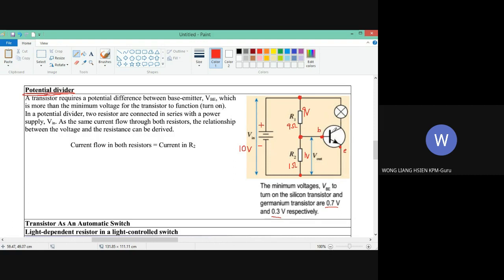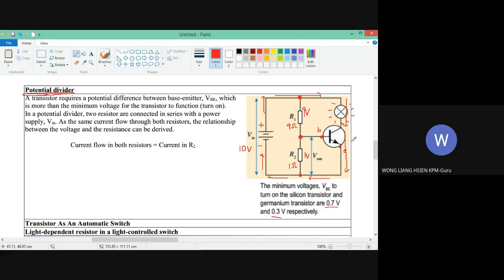When the transistor turns on, current can pass through the bulb and through the transistor. So the bulb will be able to light up.